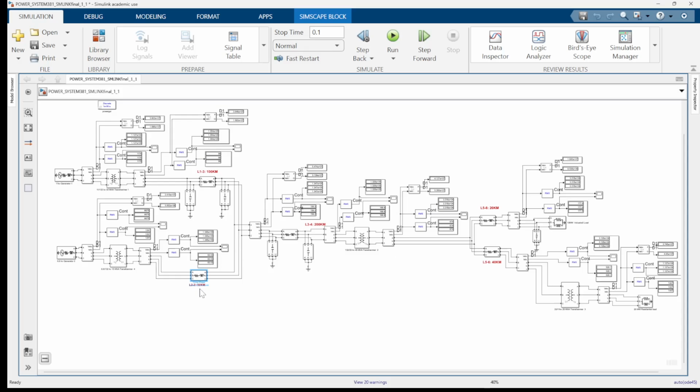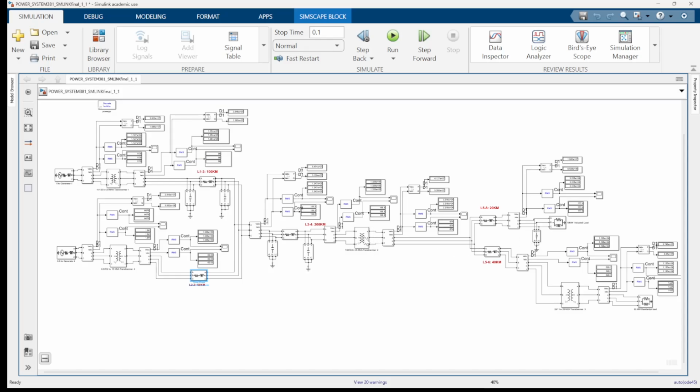This is a short transmission line with these values, of 50 kilometers. Then these two transmission lines join together, and it is further transmitted through the very long transmission line of 200 kilometers, which is represented by this transmission model. Then you reach the distribution site.